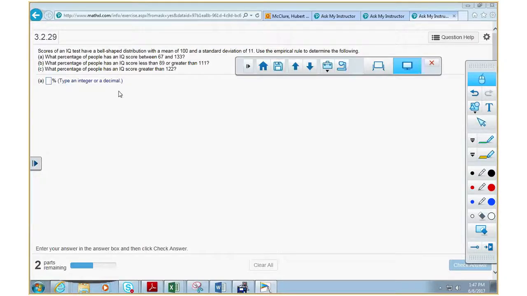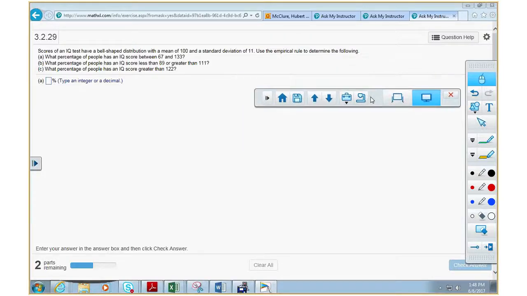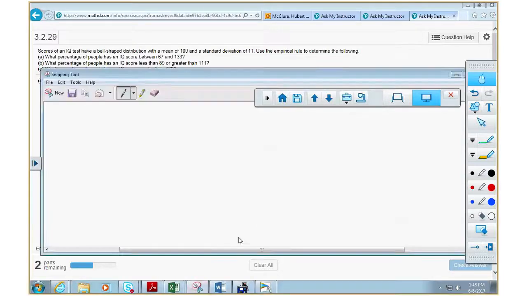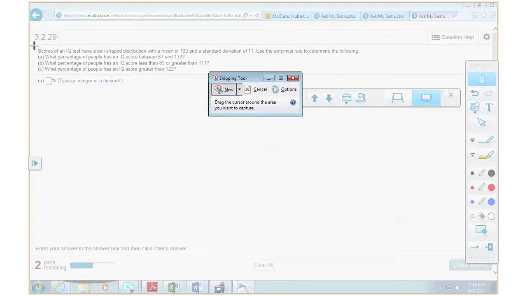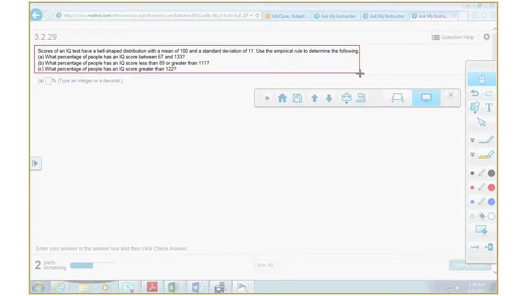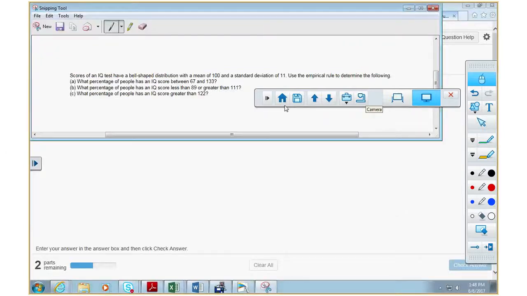All right, this is the one I wanted to show you because some of y'all don't understand the empirical rule. So go ahead and write that down. I'm going to steal it, pull my snipping tool out. Save.